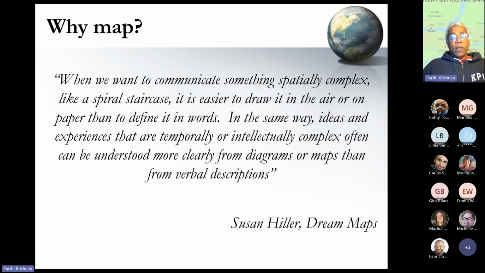So in the same way, ideas and experiences that are temporally, that is in time, or intellectually complex, often can be understood more clearly from diagrams or maps than from verbal description. So essentially, diagrams and maps often help people to see the issue or the problem more clearly, to clarify what they have to deal with.